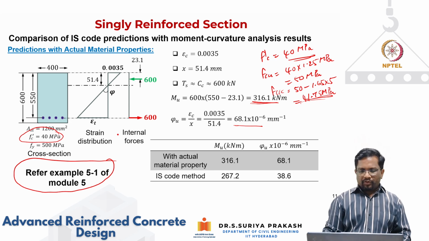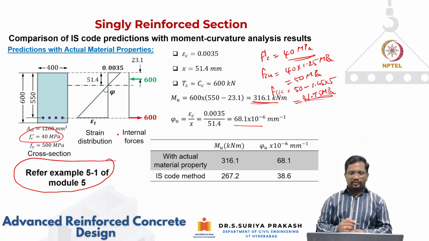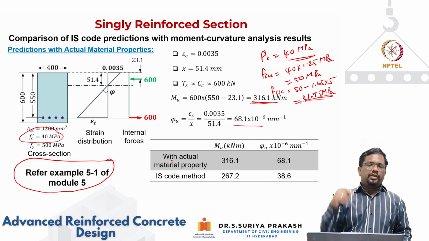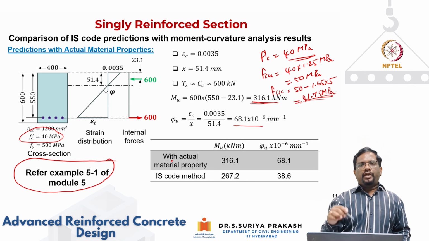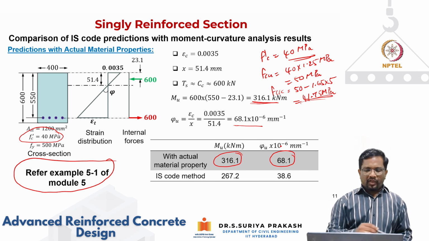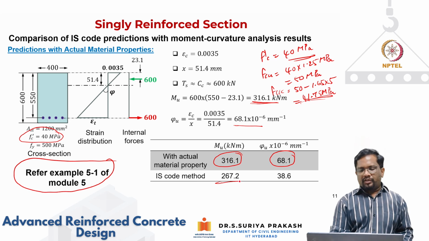If you go back and compare this, when we use actual material properties, the mean cylinder strength and the parabolic model, you get a moment resistance of 316.1 and you are predicting the curvature at failure of 68.1. As per the IS code method, it is not too bad.